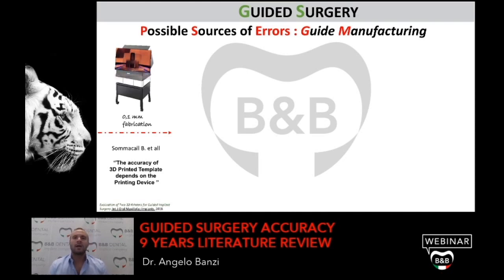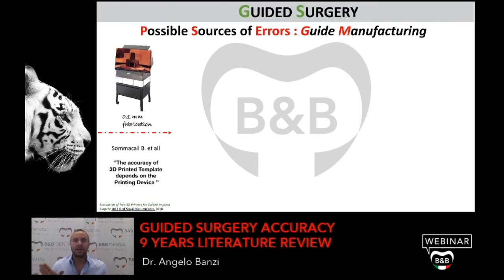It has been shown that 3D printers that create layers lower than 20 micron are able to create a much more precise surgical template than 3D printer machines that create surgical templates with layers of 50 micron.